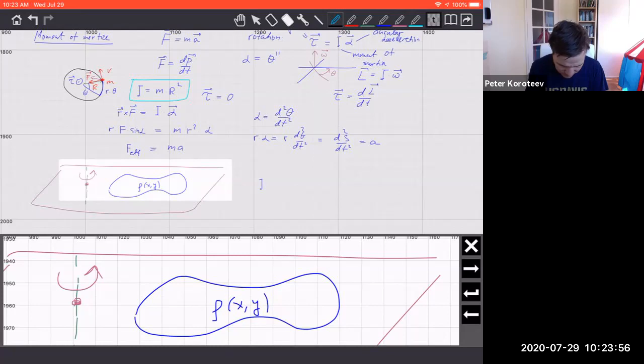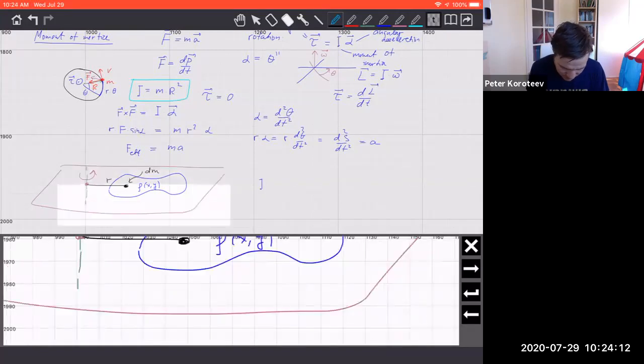So you would break this body into small pieces, each of them having mass dm, located at a distance r. Then the contribution to the moment of inertia from that particular mass is equal to dm times r squared.